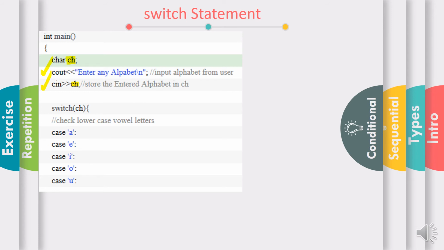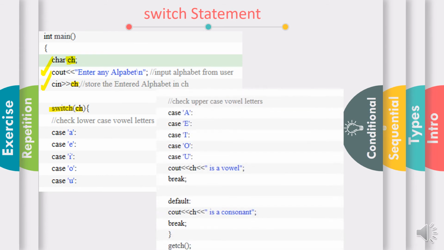Now, we have passed the variable ch in this switch statement. Please notice that we have mentioned cases over here, but we have not written anything in front of any case. So, here we have mentioned 5 cases for the 5 small or lowercase vowel letters and 5 cases for uppercase or capital vowel letters.